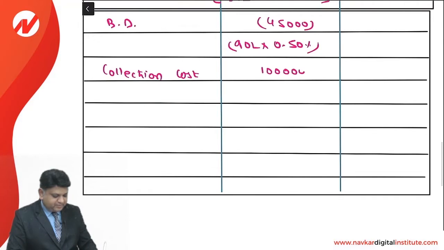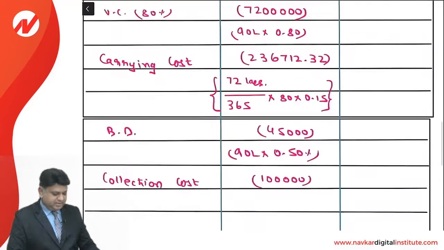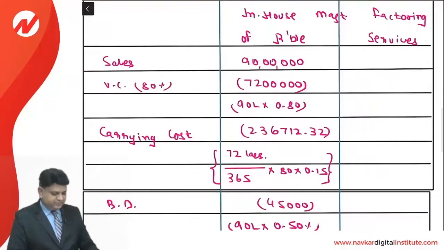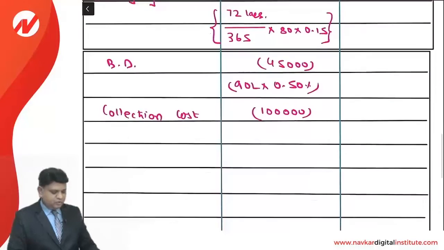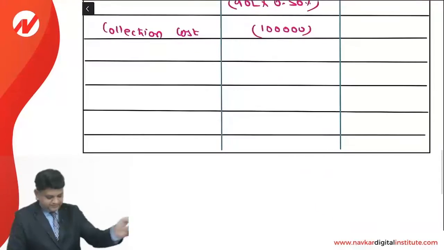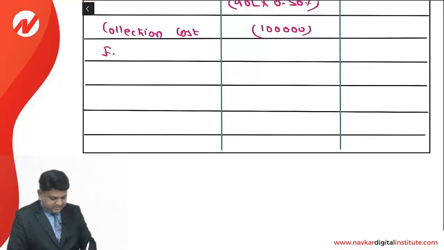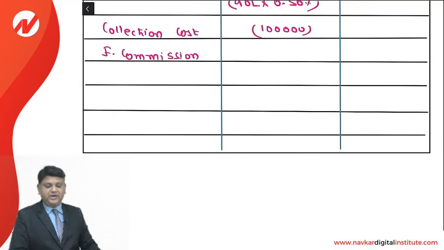It is an amount of rupees 1 lakh. These are the expenses that we will deduct from the revenue to compute the profit or loss. As far as the factoring commission is concerned, right now there is no factoring commission. It will come in case of the factoring option.